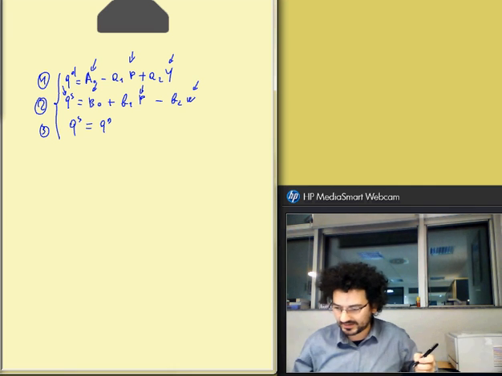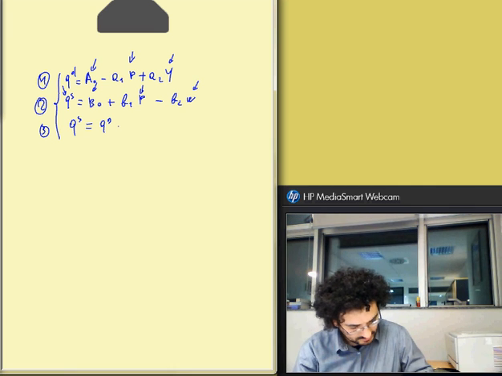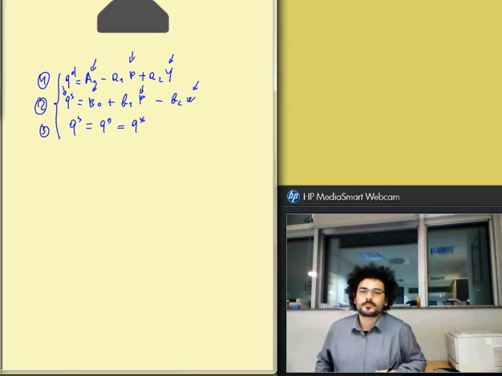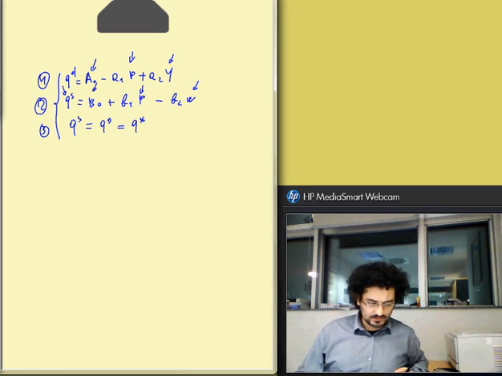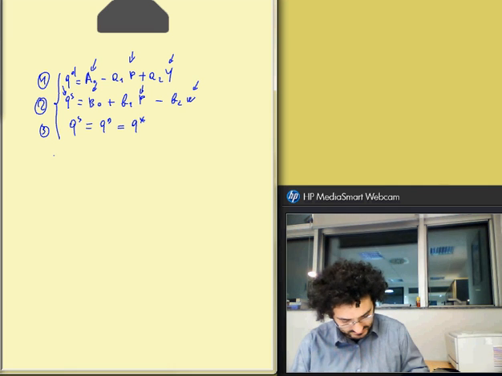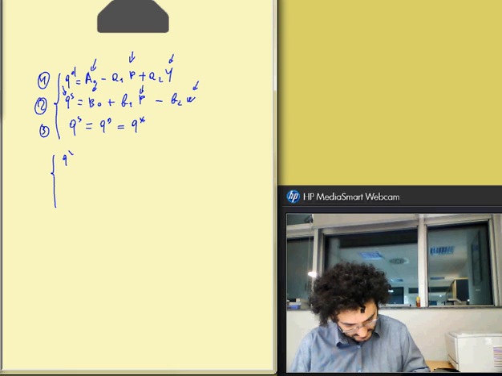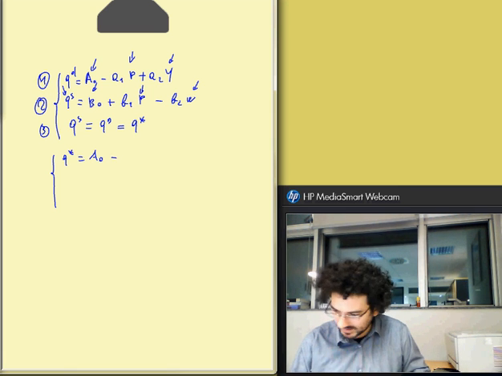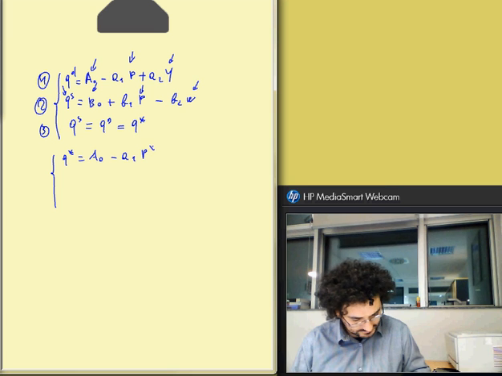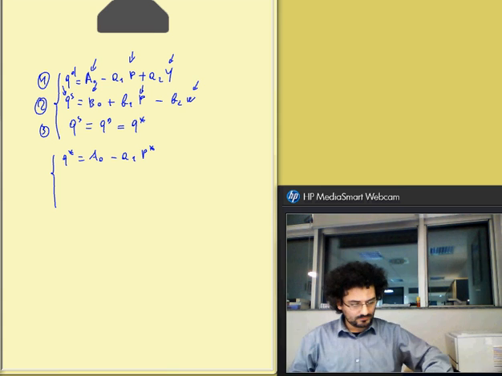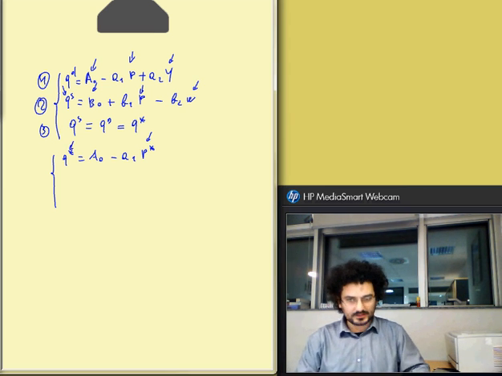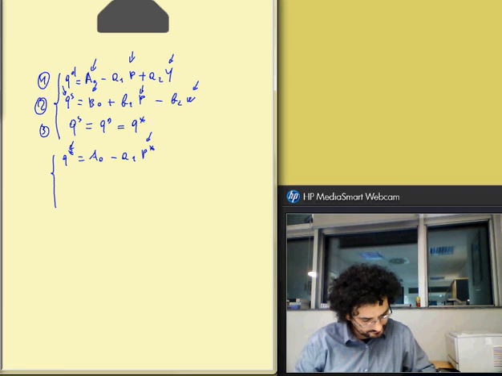In order to simplify notation, we can assume that the equilibrium quantity is given by Q star. This is the quantity in which the demand is equal to the supply. So we can write this system in the following way: Q star equal to A0 minus A1 P star, where P star is the equilibrium price and Q star is the equilibrium quantity, plus A2 times income.